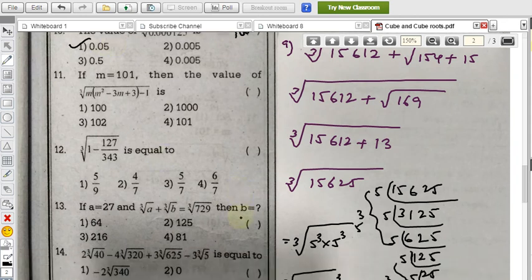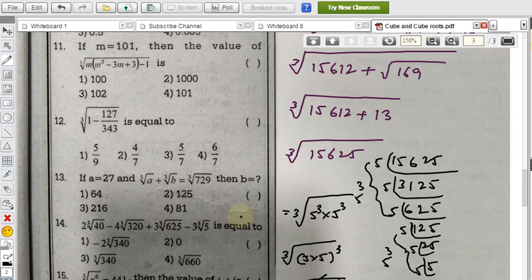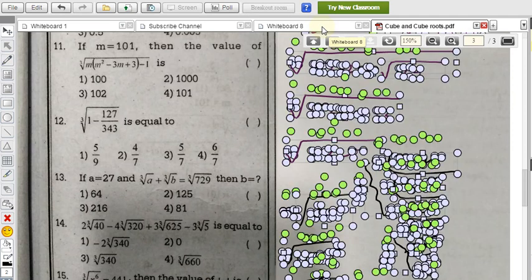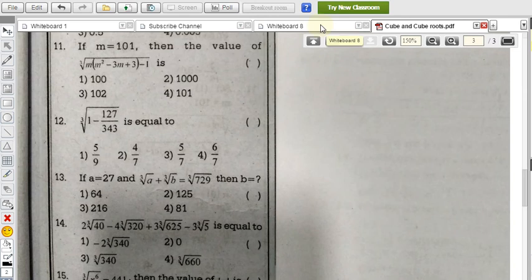11th I'll tell you. If m is equal to 101, then the value of cube root of m into m square minus 3m plus 3 minus 1. So let's solve this. 11th one.